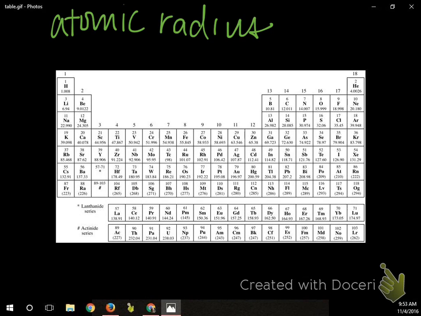Atomic radius increases to the left and down on the periodic table. You need to draw that on your periodic table, however you want to do it. It increases as you go to the left within a row, and it increases as you go down.